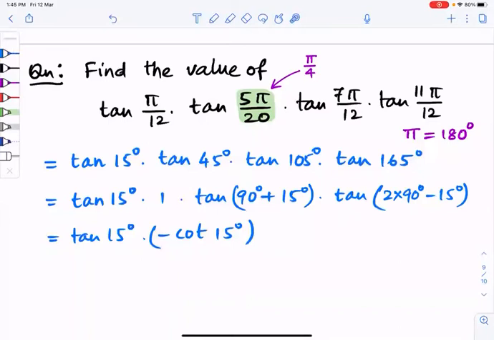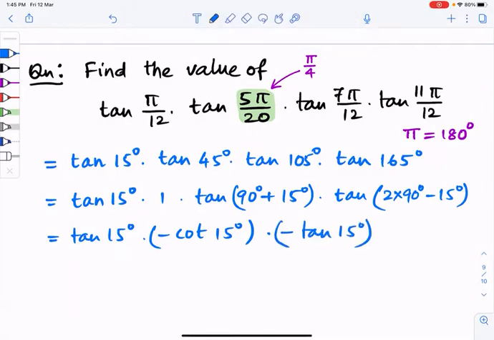Now this one, 2 into 90 minus 15, second quadrant, again it is negative. It will just be minus tan of 15 degrees.